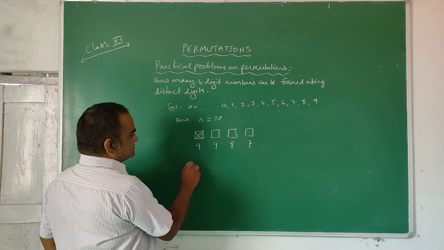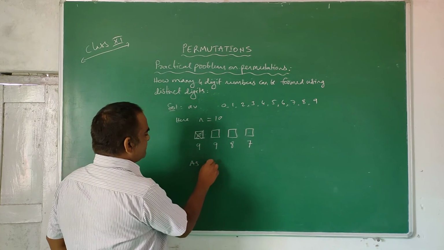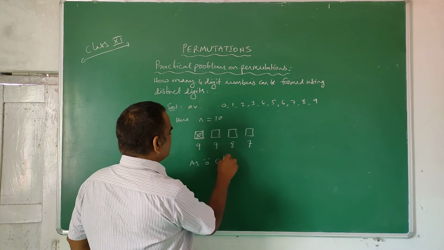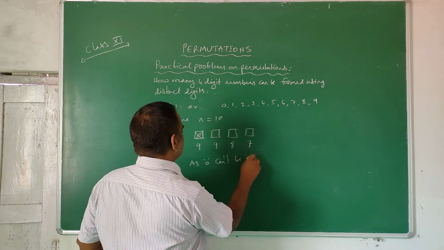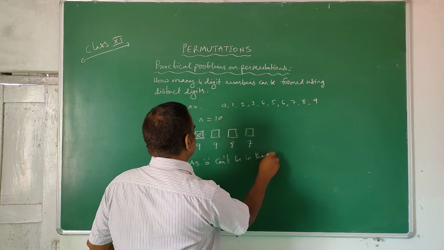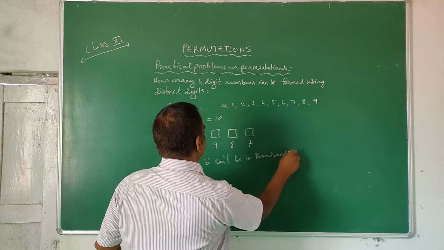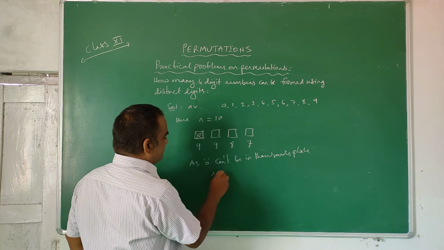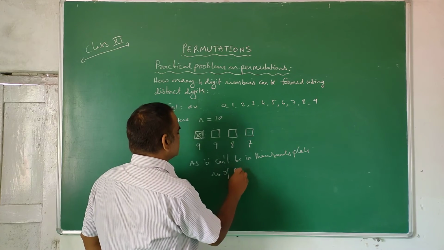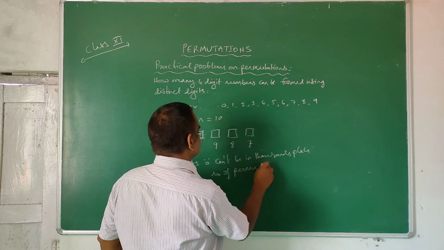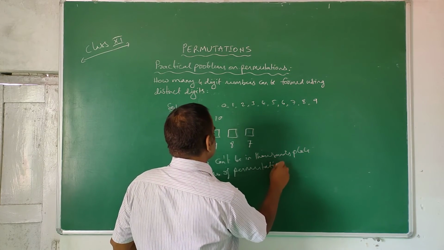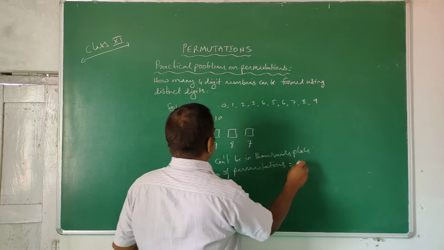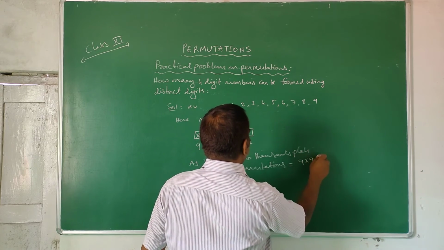As 0 cannot be in the thousands place, the number of permutations is equal to 9 into 8 into 7.